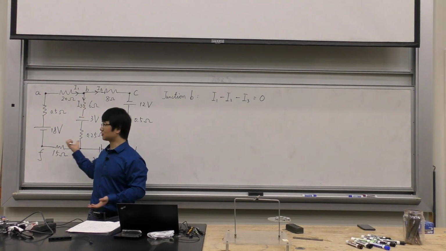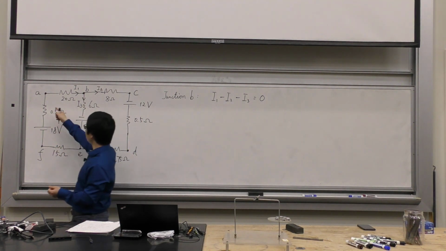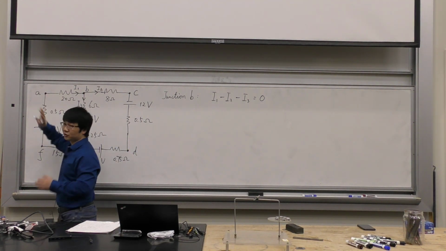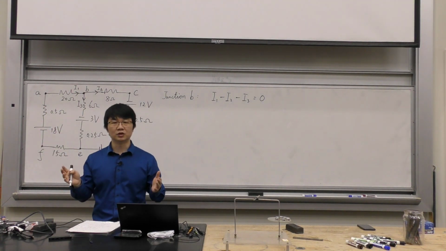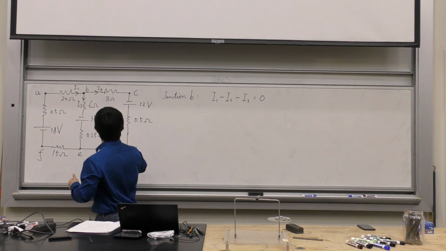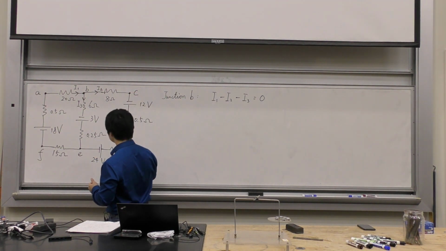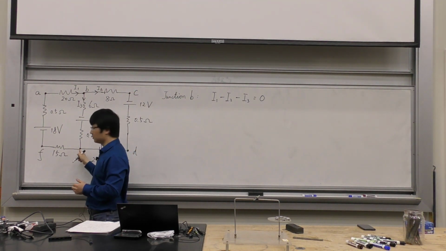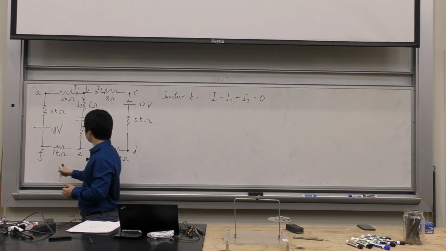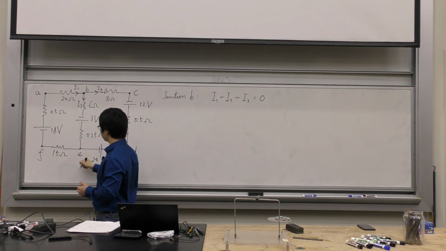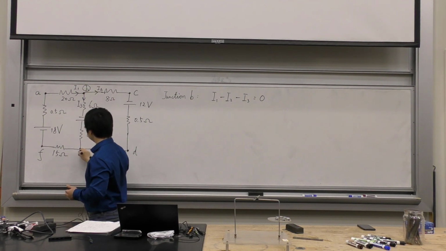This is a schematic, so all you need to do is just use a wire to connect them. So this is not a junction, it's still one path. The current doesn't split, doesn't merge, it's the same current. So C is not a junction, D is not a junction. E is a junction, you see there are 3 currents here. F is not. So there are actually only 2 junctions here, B and E.